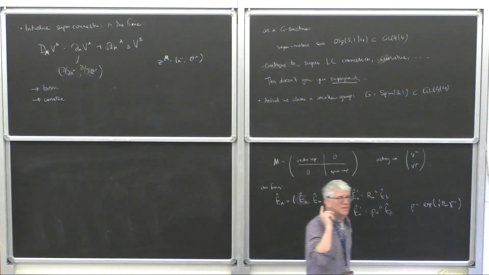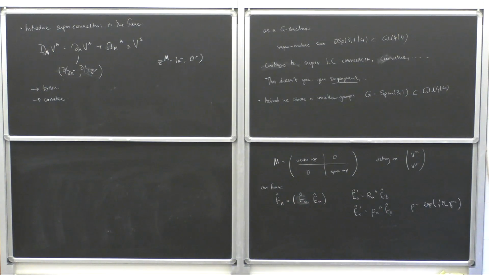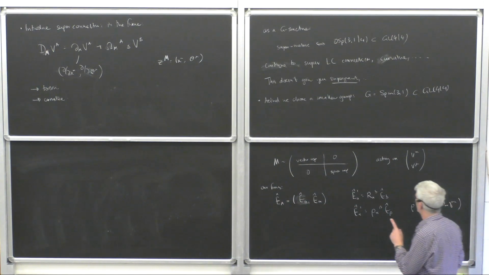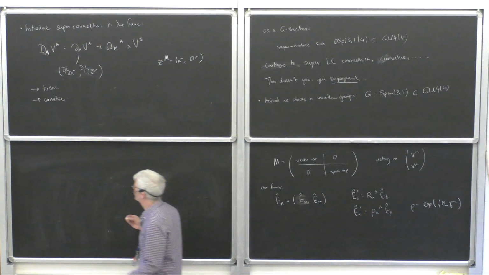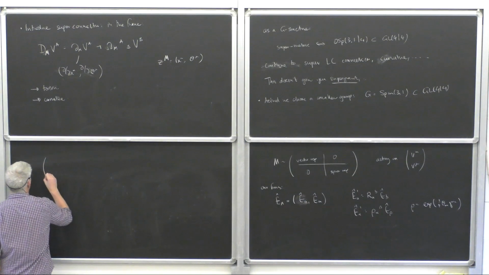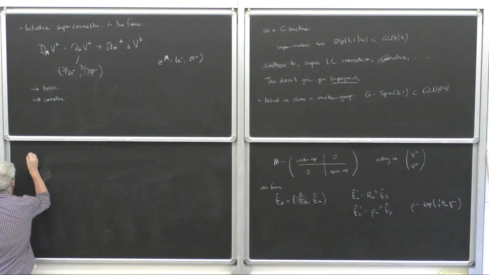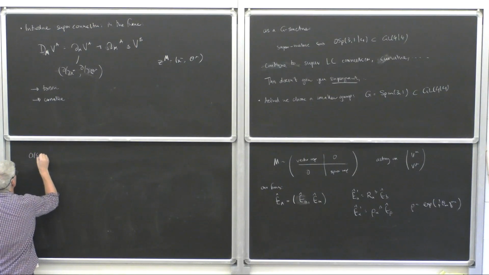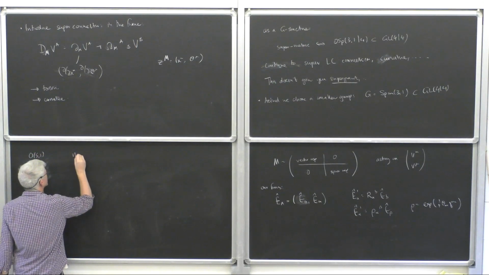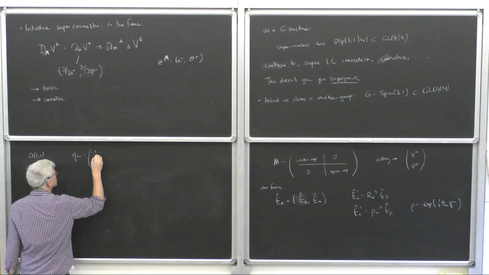Can I define? Okay, so literally what it means is it's a supergroup which preserves, so O(3,1) preserves a metric which looks like -1, 1, 1, 1.